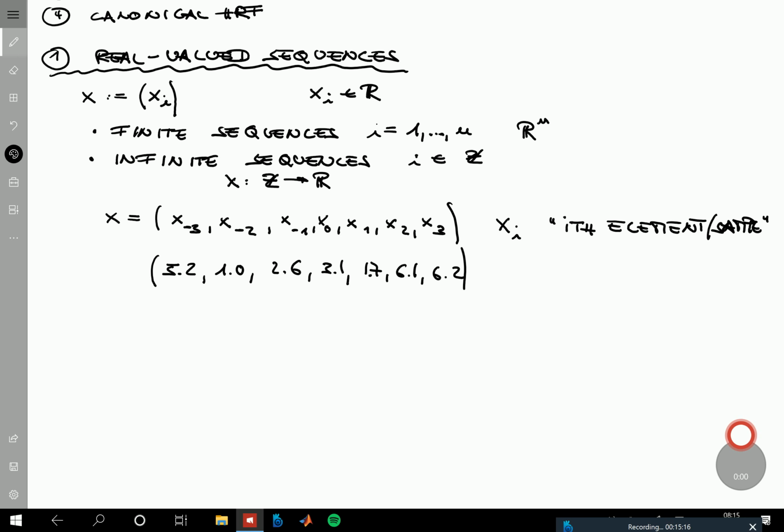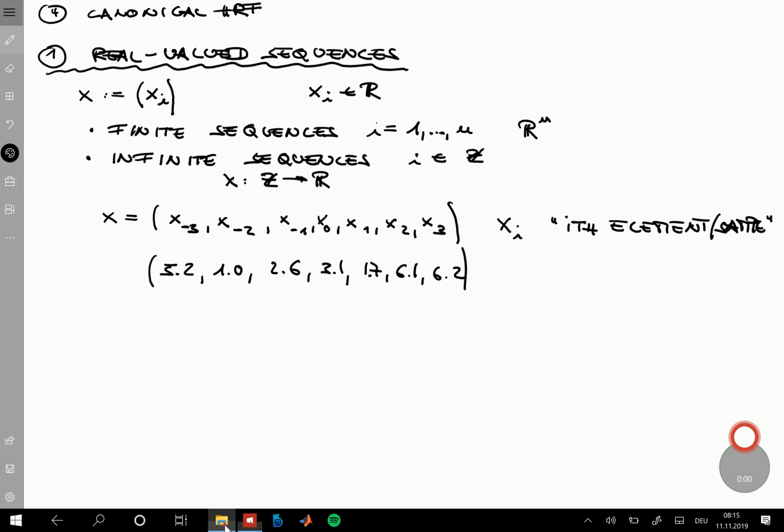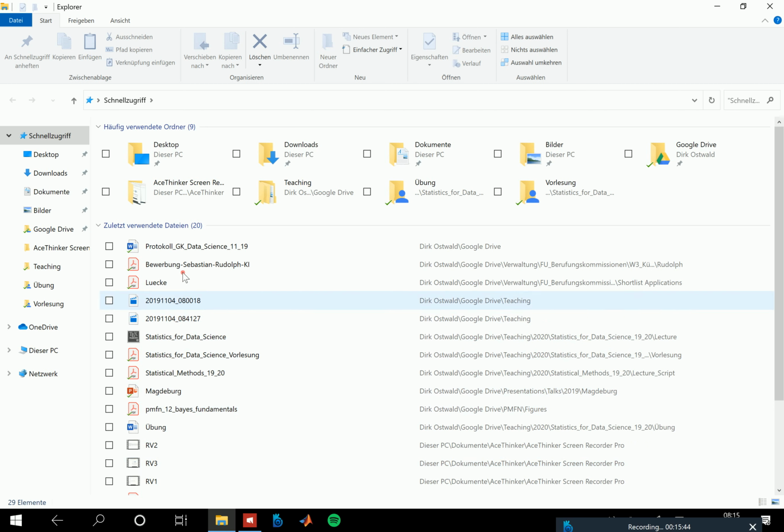And this would be like a real example. So it's just numbers that are ordered. It matters in which order they appear because they are allocated to each of these integer values. And then one can visualize them. So maybe let's also look at that. So here's an example of a visualization.